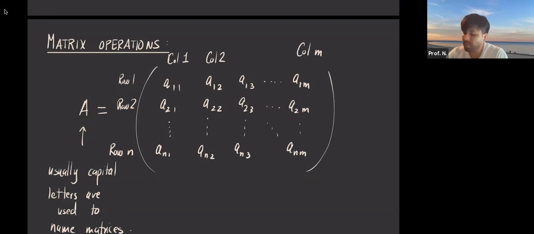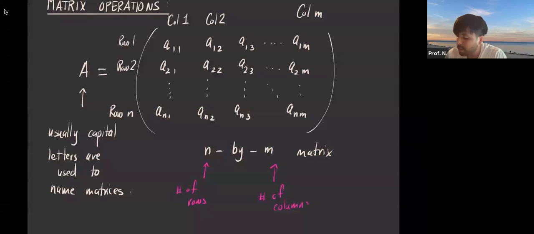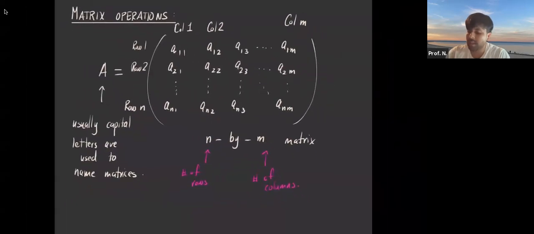So this has how many rows? This is an n by m matrix. The first number denotes the number of rows, and the second denotes the number of columns. So in a 5 by 3 matrix, you have 5 rows, 3 columns. In a 7 by 10 matrix, you have 7 rows, 10 columns. That's how we associate the entries inside our matrix.